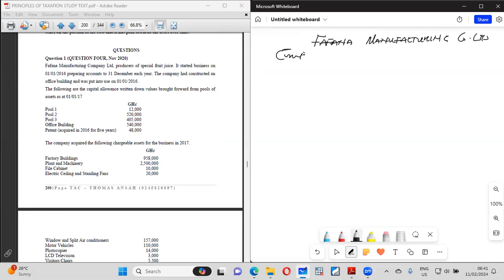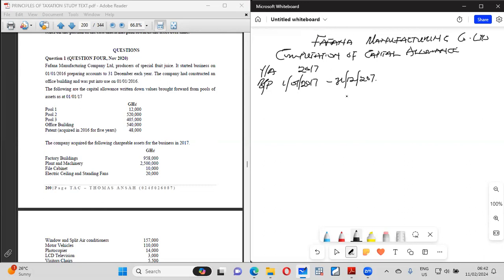So what we do is the computation of capital allowance. Then we have our year of assessment being 2017. Then we also have our basis period, January 2017 to 31st December 2017.